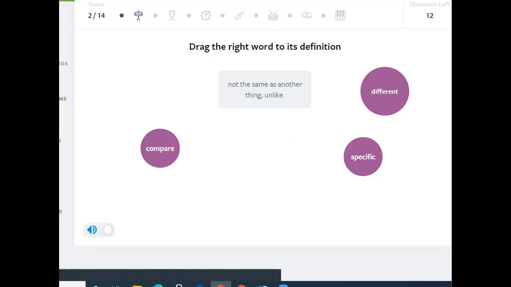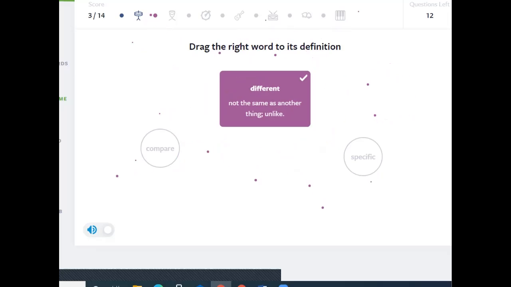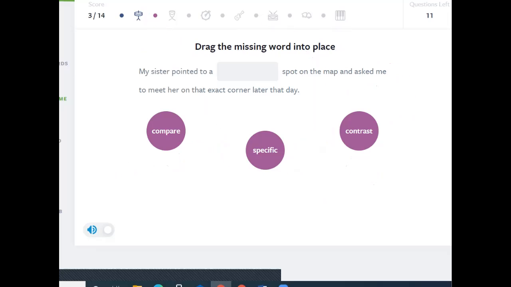Compare is to explain how something is similar. No, not the same. Contrast, to explain how something is different to something else. Not the same. Different means not the same as another thing, unlike. Oh, that matches that definition exactly. So this must mean different.